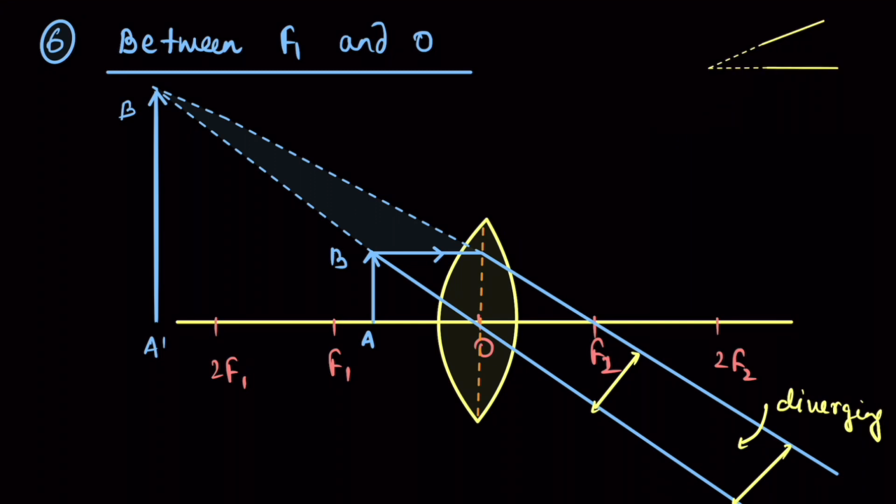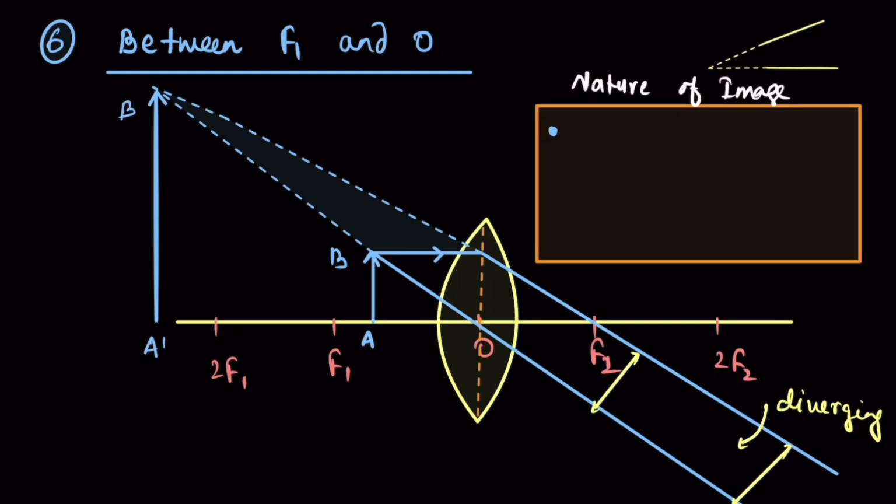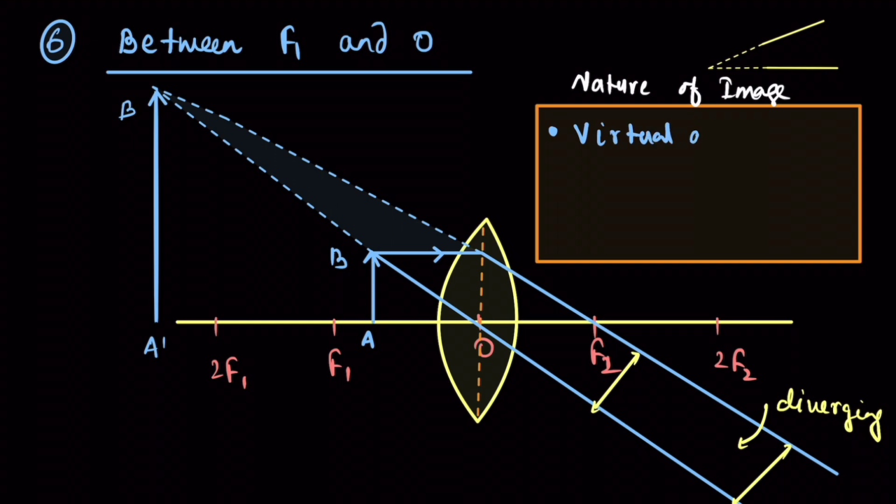So what is the nature of image? First, it is virtual and erect, because the image and object both are on the same side. Second, it is magnified.